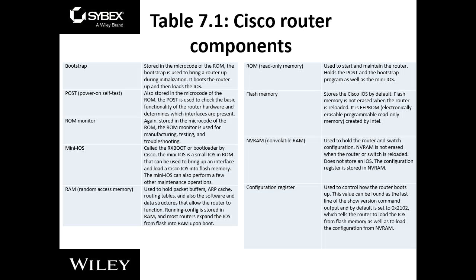So once your switch and router is booted up and it goes through the POST, and then it gets to the ROM monitor and so on, it then goes through and it starts loading the IOS from flash memory. Flash memory is a non-volatile memory in that if we lose power, whatever's in flash memory is still maintained.